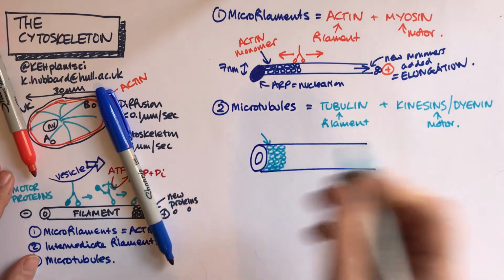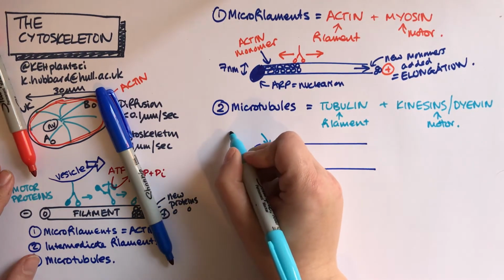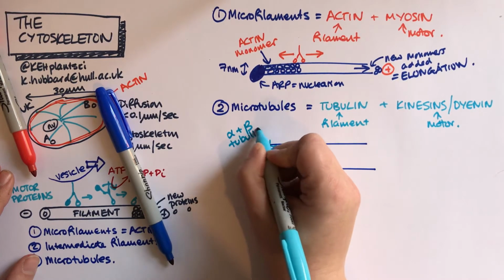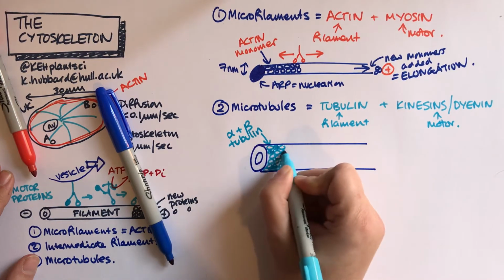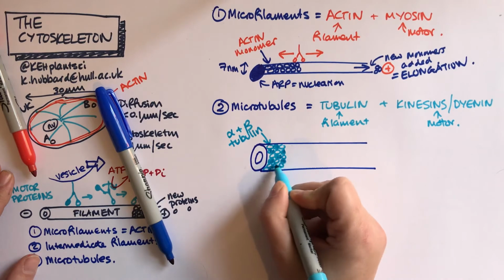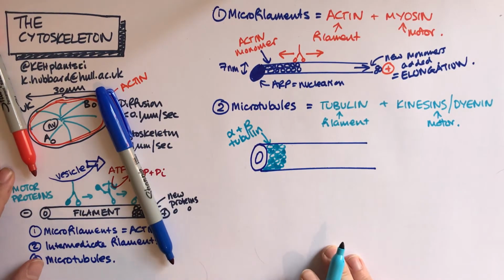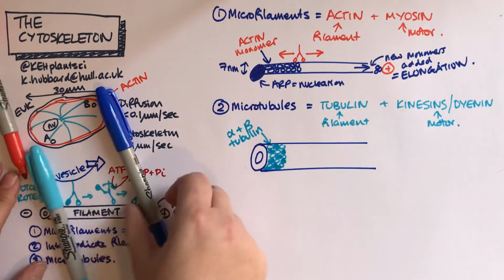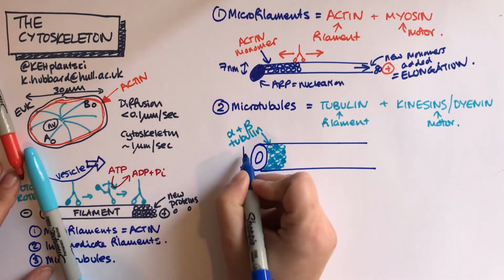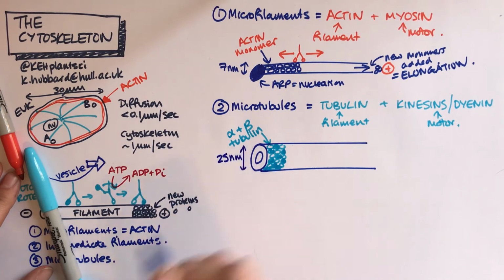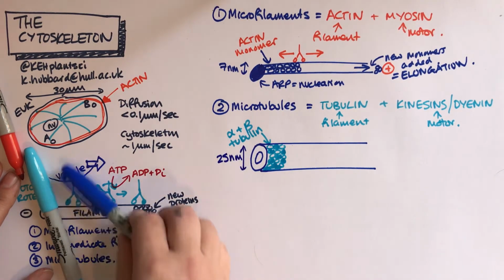And we have two types of tubulin, alpha and beta tubulin. Some of these kind of alternate. You've got an alpha, then a beta, then an alpha and a beta. They're just slightly different in terms of their structure. So the filament itself is made of tubulin, and it's much thicker. It's about 25 nanometers in diameter.